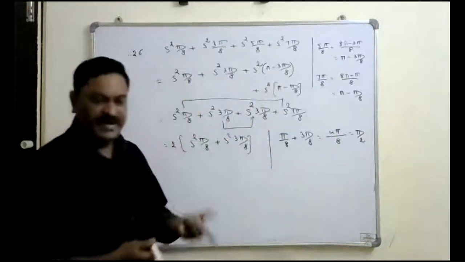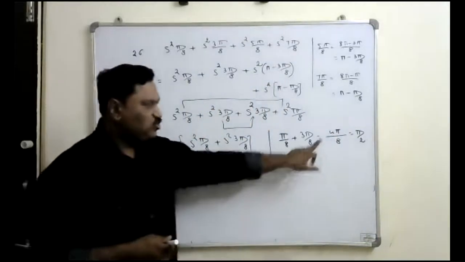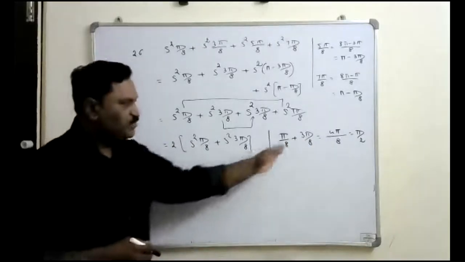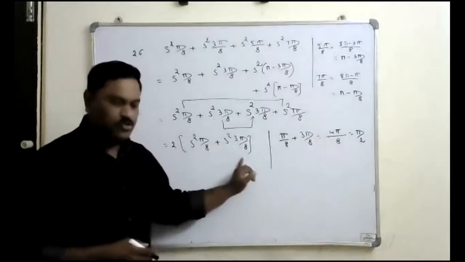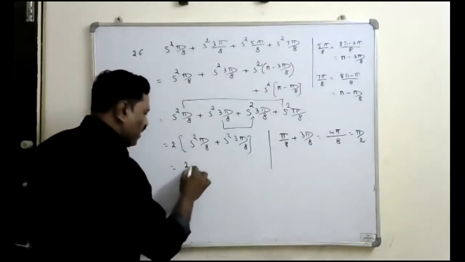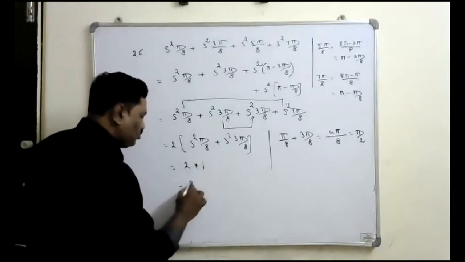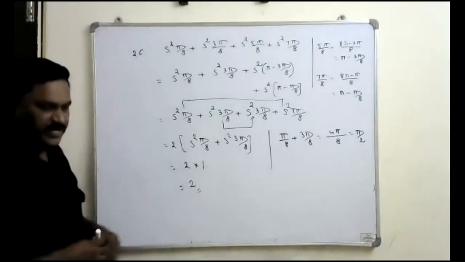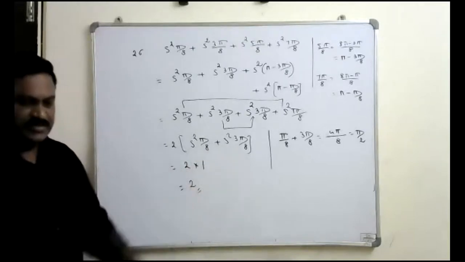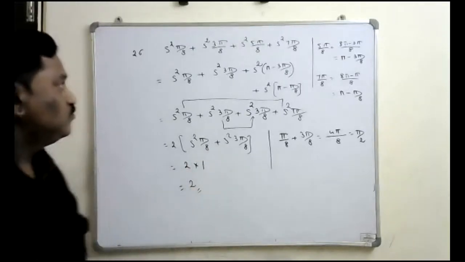Pi by 2 means 90 degrees. Means the sum of these two angles is 90. So we know the result that if a plus b is 90, sine square a plus sine square b is 1. Means this value is 1. Therefore the answer is 2. It is in the form of sine square a plus sine square b, that is 1. So that is the answer. Like that.